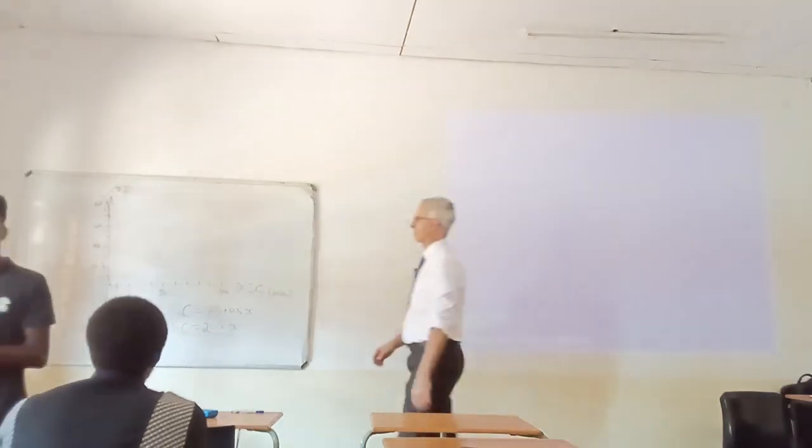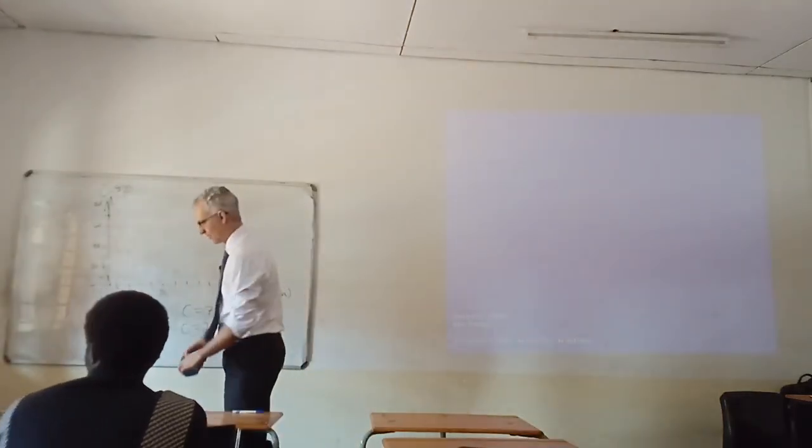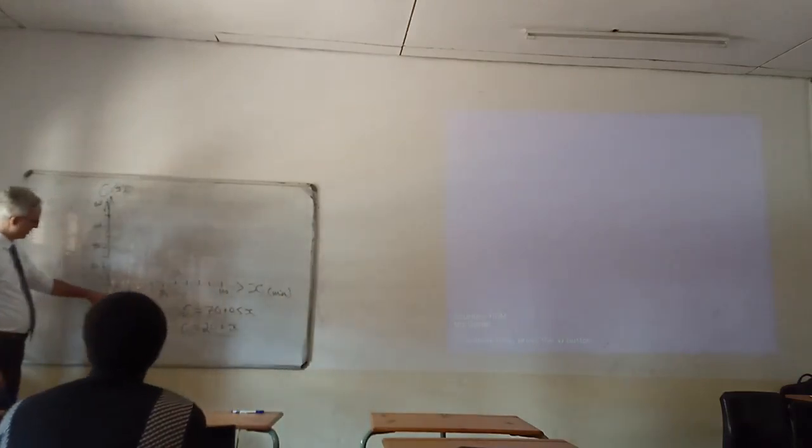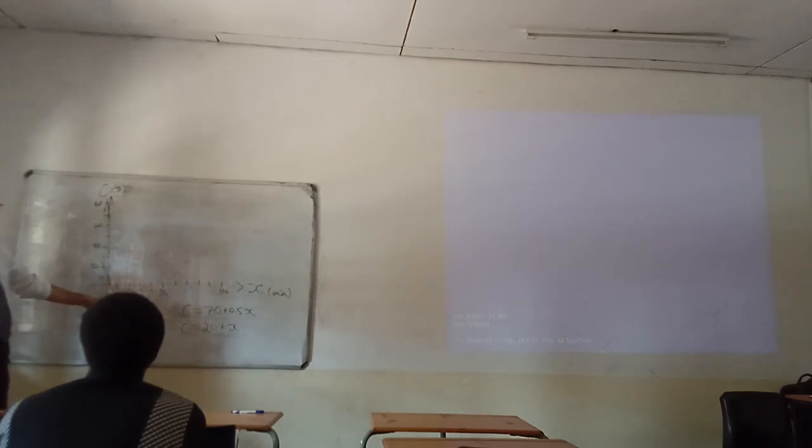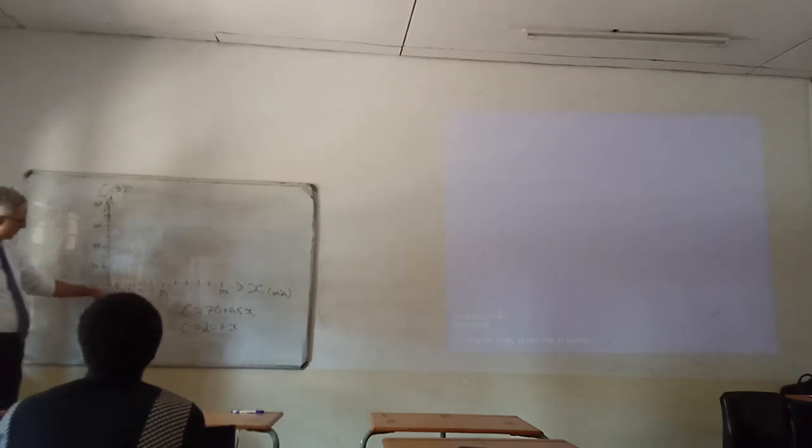Thank you, Justin, for being the graphic person. 20 plus x. Can someone explain what you were thinking? It's crossing at 10, but we said the intercept is 20, and then it's going down. How did we arrive at this?